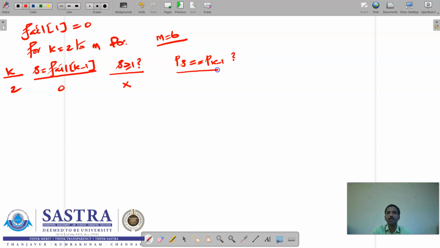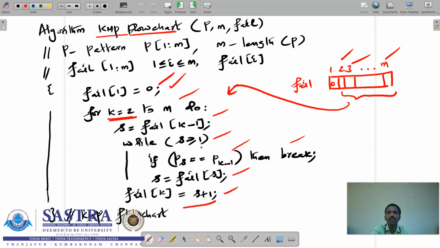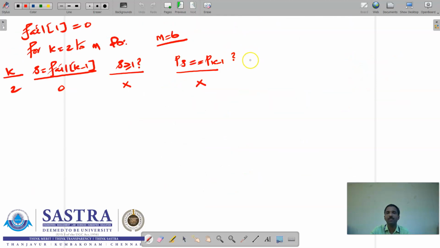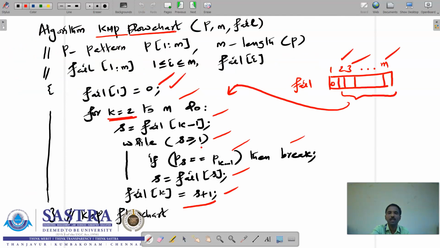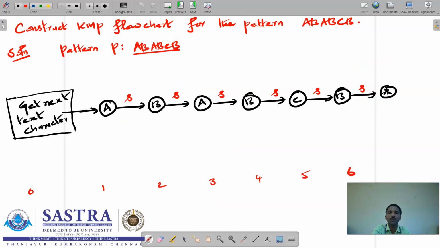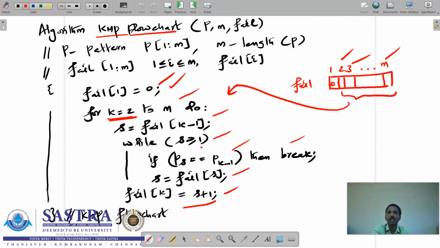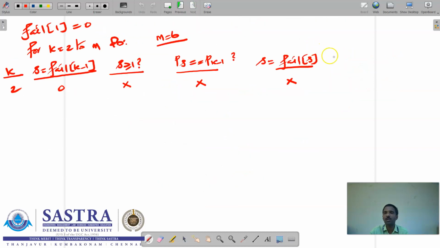Now this will not get executed. Then s is equal to fail of s. This will not get executed. Then the next statement is fail of k equal to s plus 1.